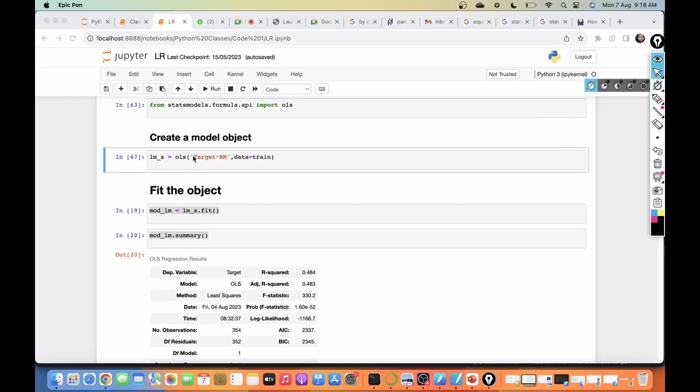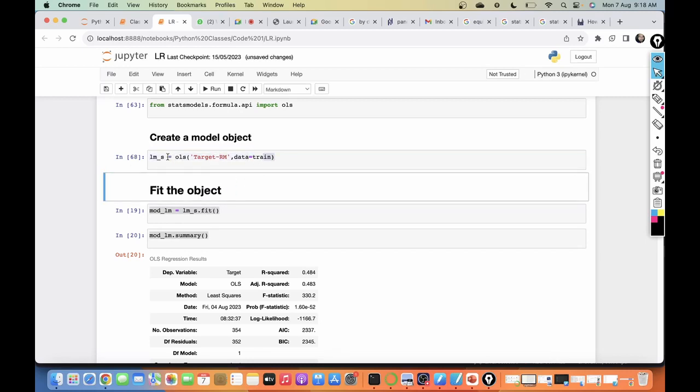Now once we provided this, since we are creating a simple linear regression, we have taken only one variable over here, from the data equal to train. So we'll train it, and save all the values into the lm underscore s. Now all the values that ordinary least square has calculated, we are basically doing the fit on that.